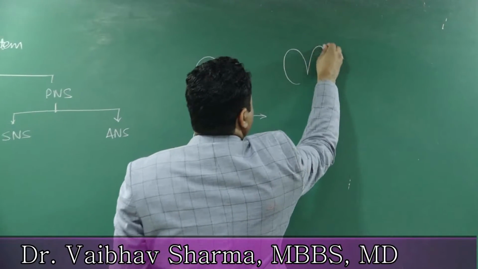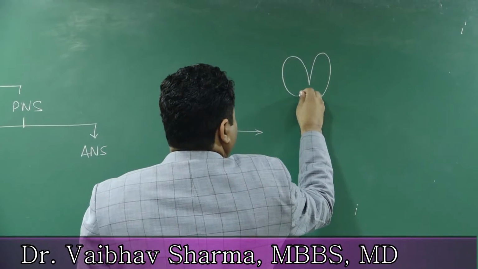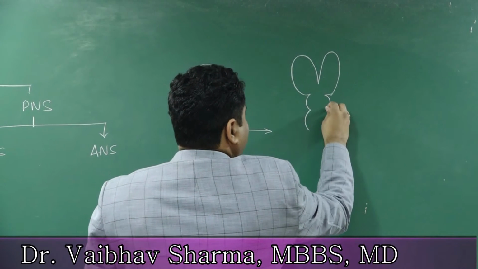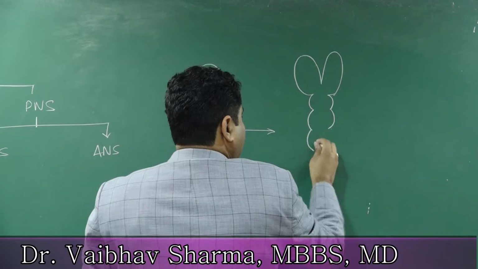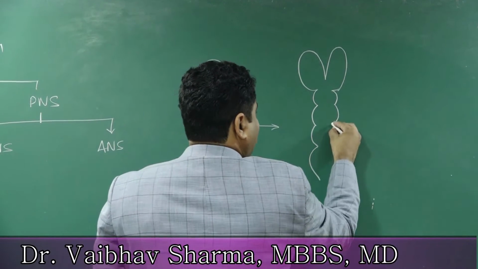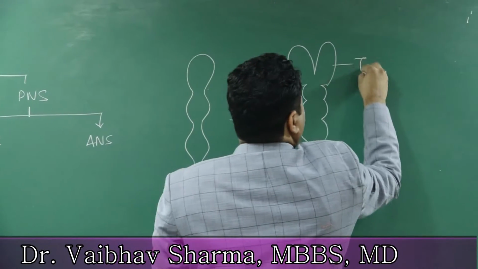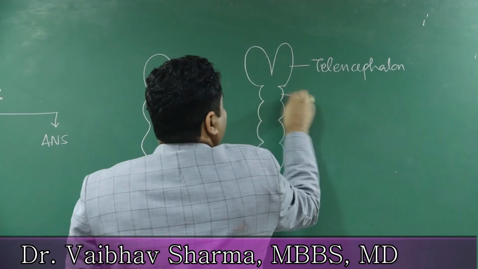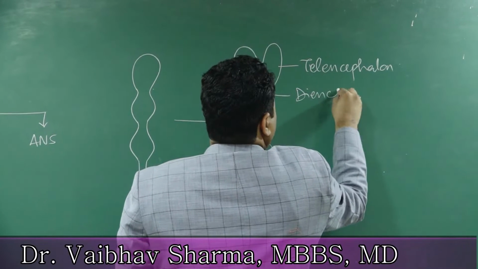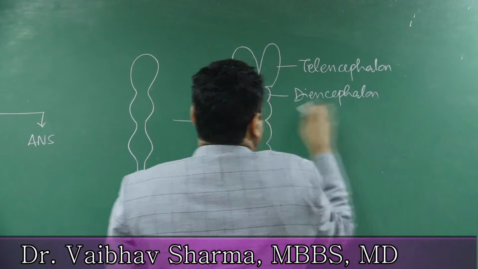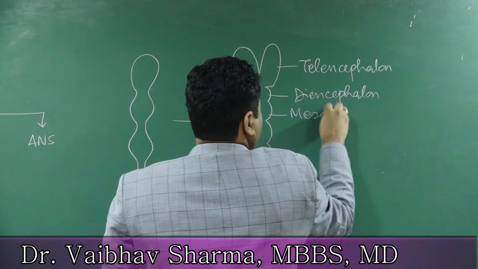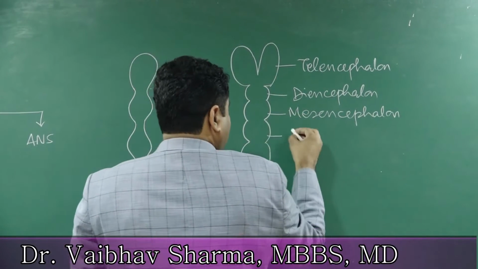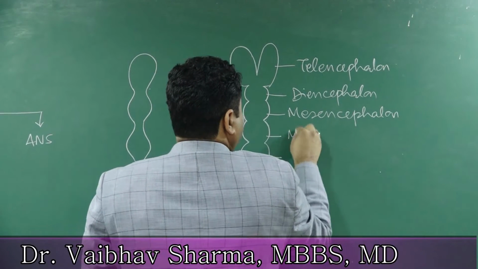telencephalon, this is diencephalon, mesencephalon, metencephalon and myelencephalon. So, this is telencephalon, this is diencephalon, and this is mesencephalon, this is metencephalon.